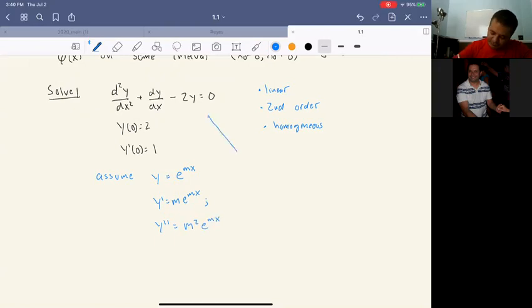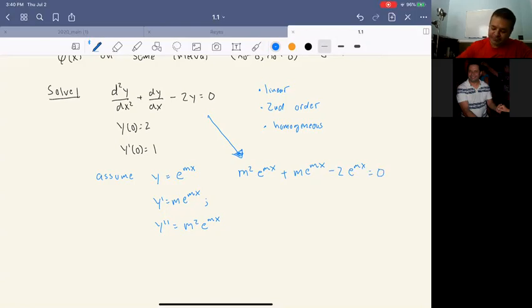So we get m squared e to the mx, that's the y double prime term, plus m e to the mx, that's the y prime term, minus 2 e to the mx, that's the y term, equaling 0.